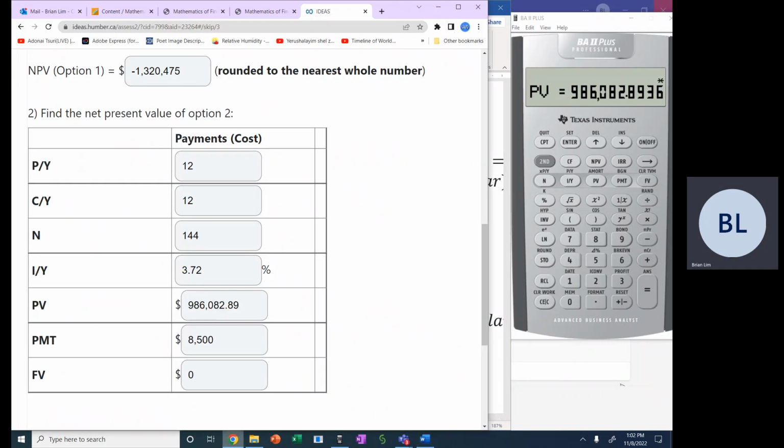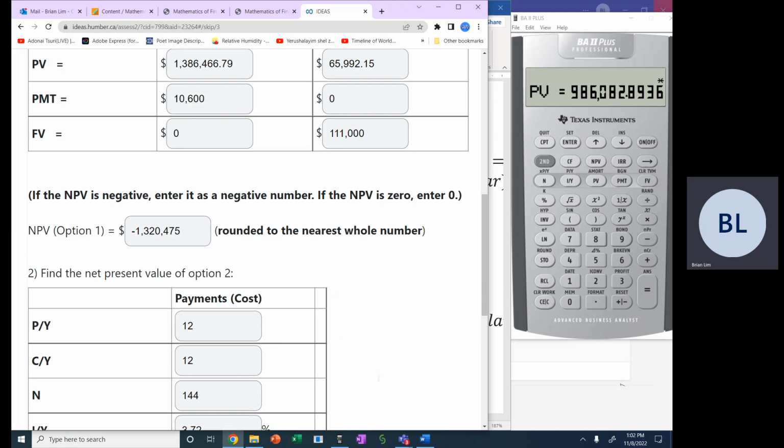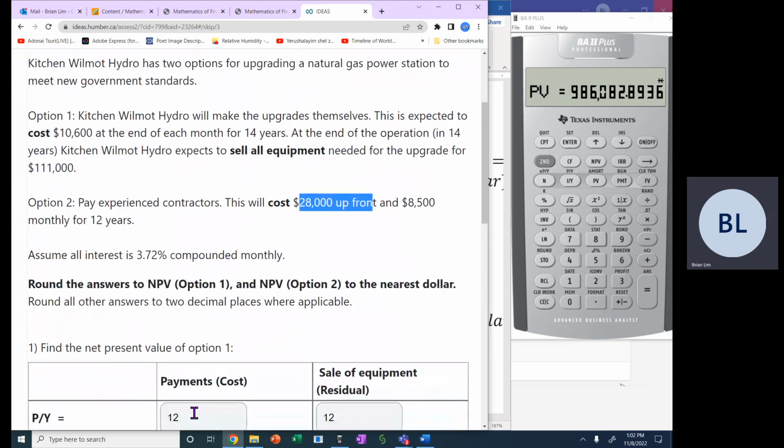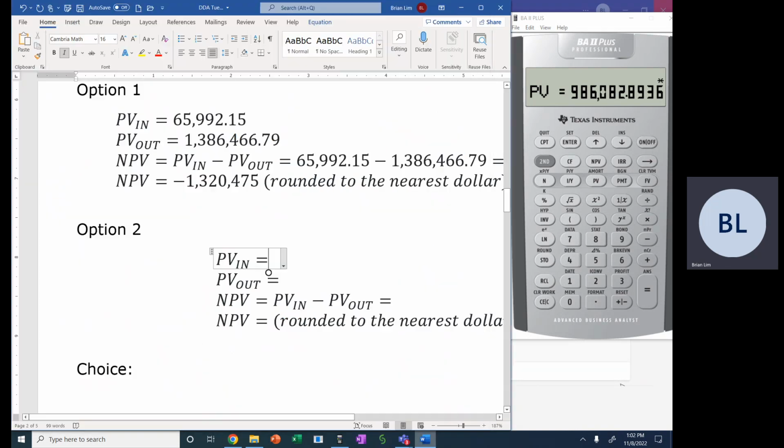There is no in. Nothing is coming in. It's all out. It's all outlays because we're paying experienced contractors, $28,000 upfront and $8,500 monthly for 12 years. So everything is out. So the in value would be 0.